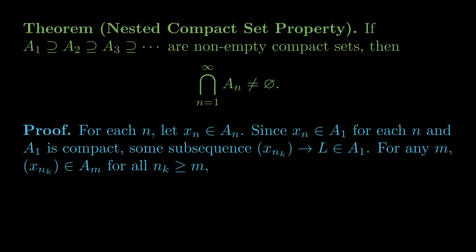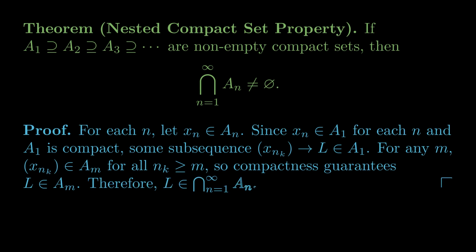So the infinite tail of our subsequence lives in A m. Ignoring the finitely many terms at the start with index less than m, the property of A m being compact guarantees that the limit of this subsequence lives in A m. But we called that limit L, so L lives in A m for each m. Therefore, L lives in the infinite intersection of the A n, proving the result.